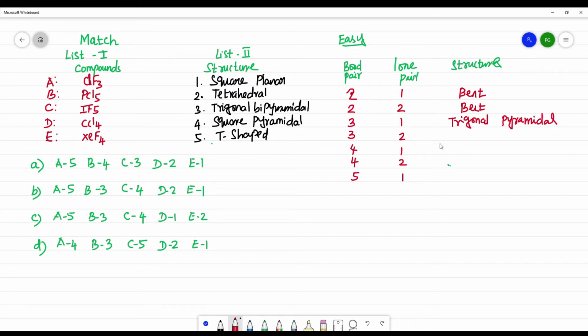Then 3 and 2, the structure is T shape. And for 4 and 1, the structure is seesaw. And for 4 bond pair and 2 lone pair, the structure is square planar. And it is square pyramidal.